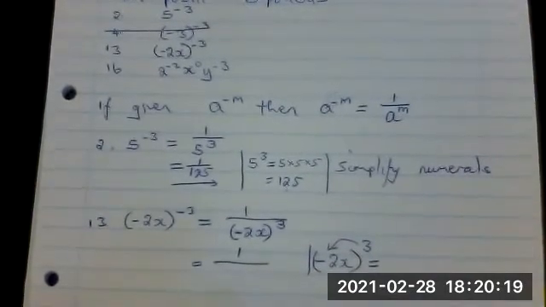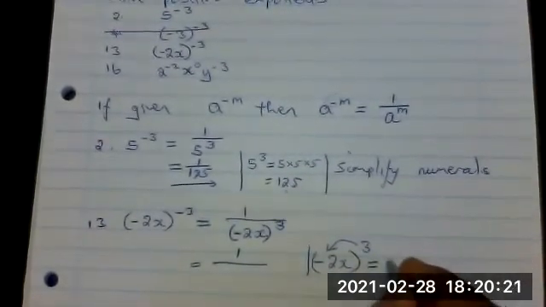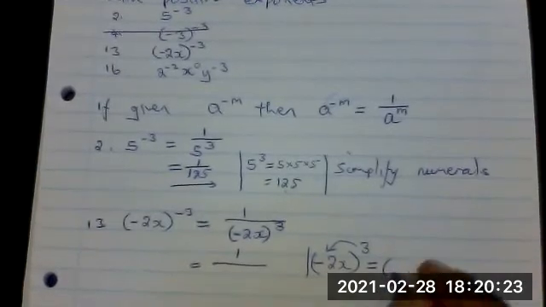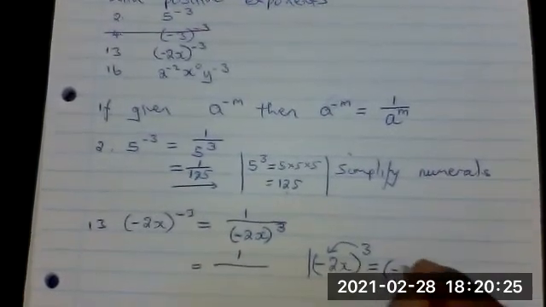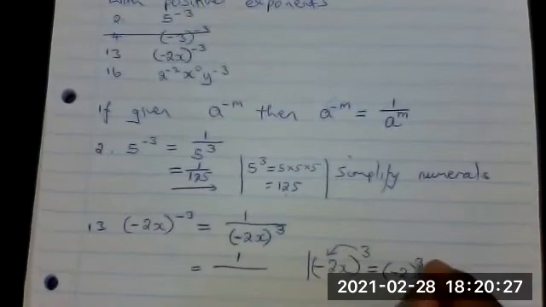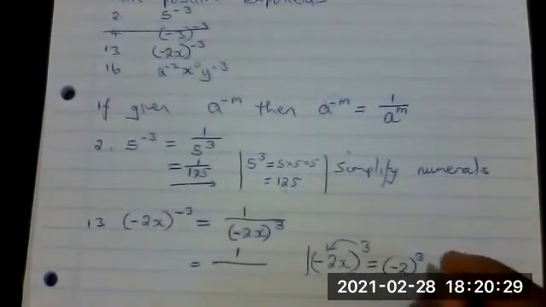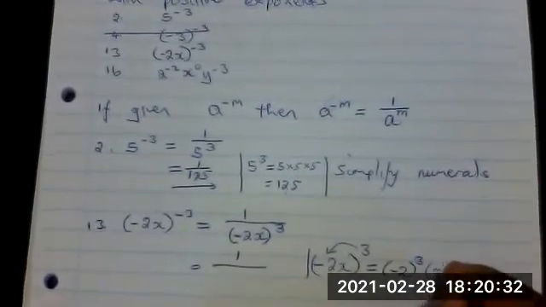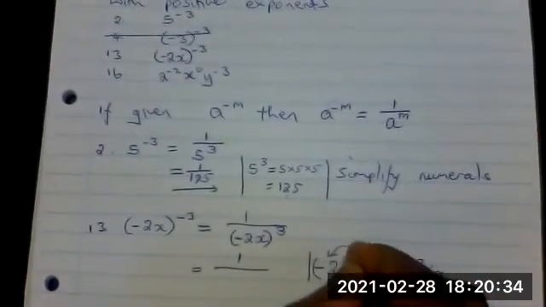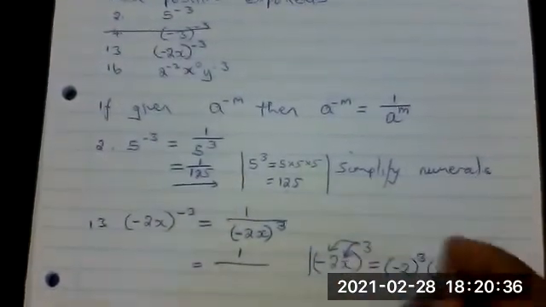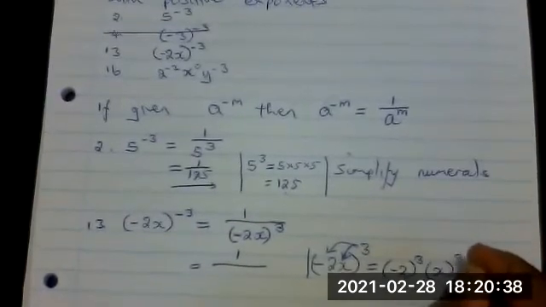Negative 2 is multiplying x. So we can distribute the exponent to each and every number inside the bracket. It becomes negative 2 to exponent 3, then we multiply by x, which we distribute to as well, so it becomes x to exponent 3.